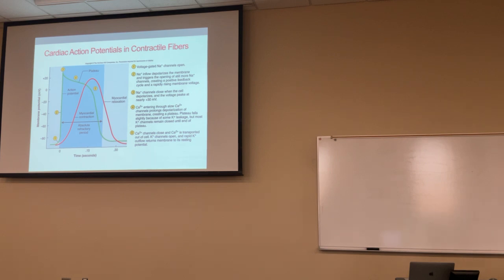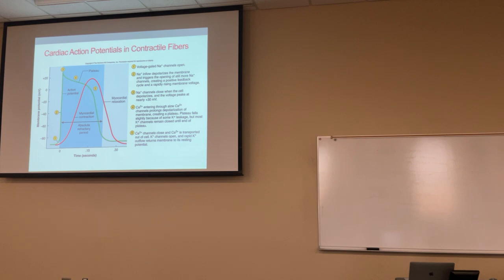Now, this very long absolute refractory period caused by this long plateau phase is very important, because what it means is that you cannot have summation of cardiac action potentials. Because if you did get summation of cardiac action potentials, then those muscle fibers would contract and they'd stay contracted. They'd be in tetanus. And if the heart contracted and stayed contracted, it wouldn't be able to pump blood.